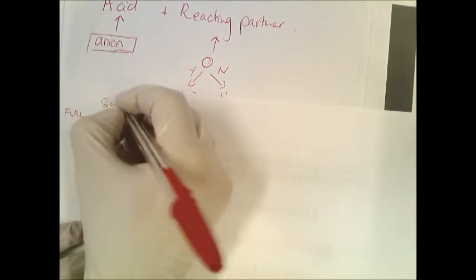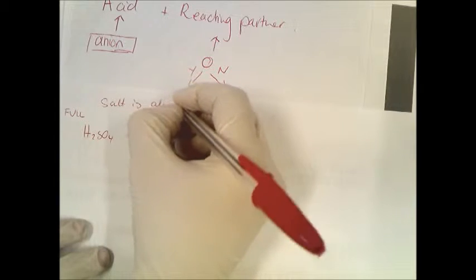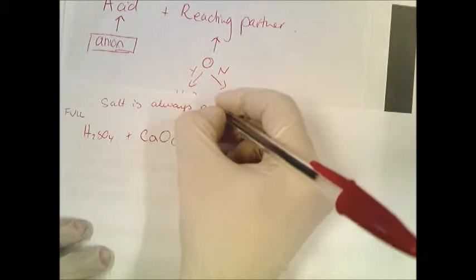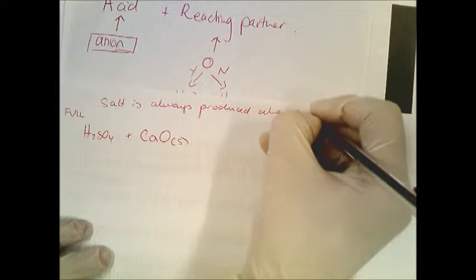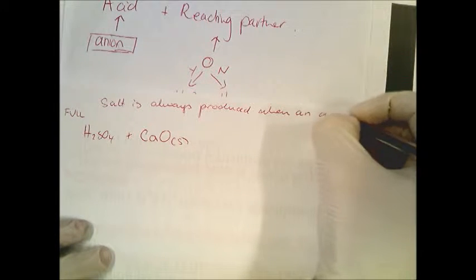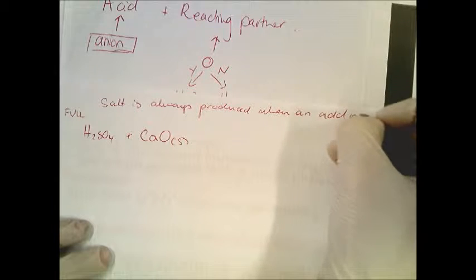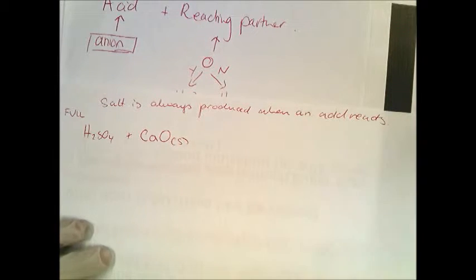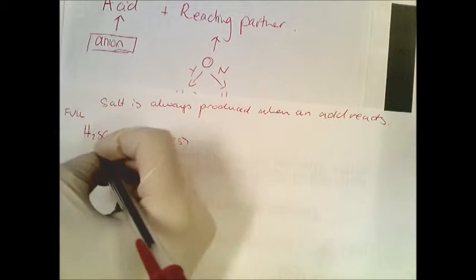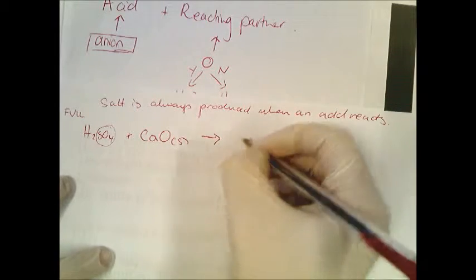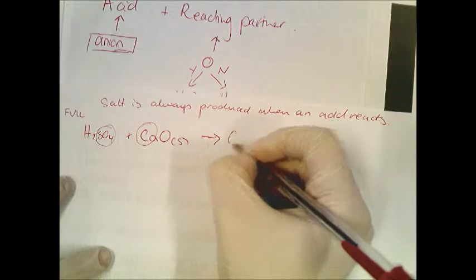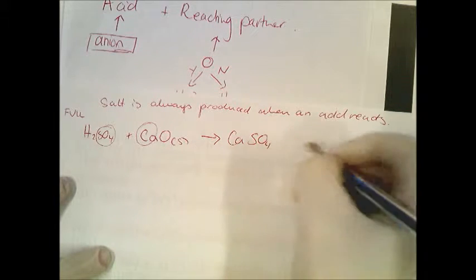A salt is always produced when an acid reacts. So importantly, your sulfate will make up your salt, your anion in your salt. And then your cation comes from your reacting partner, calcium sulfate.